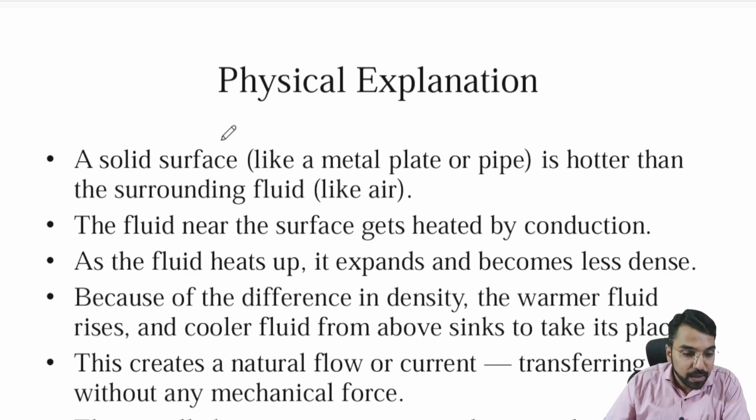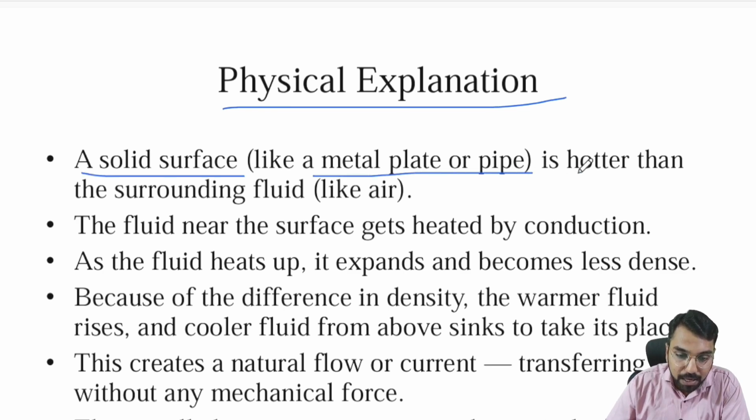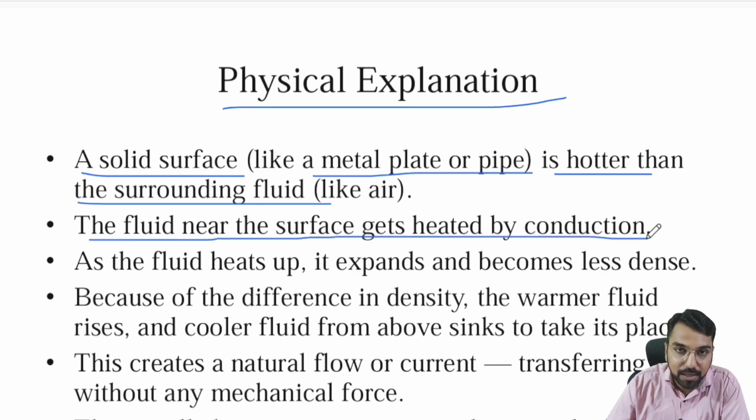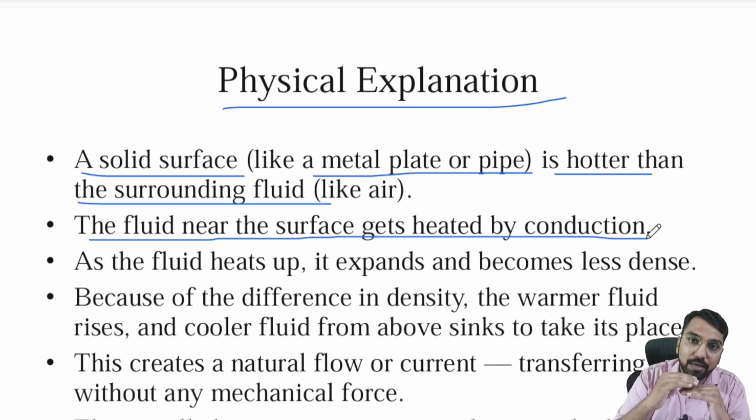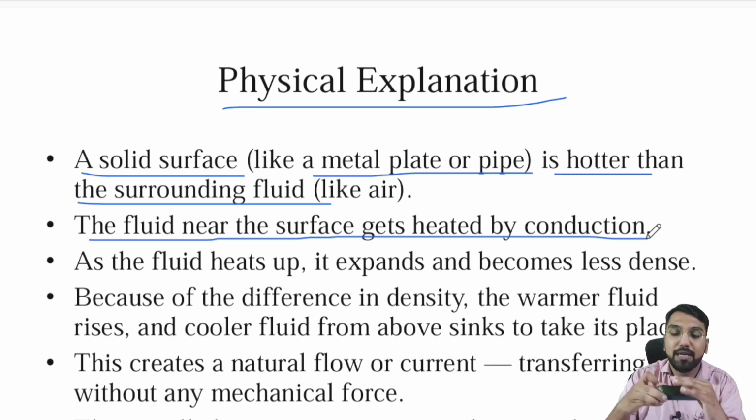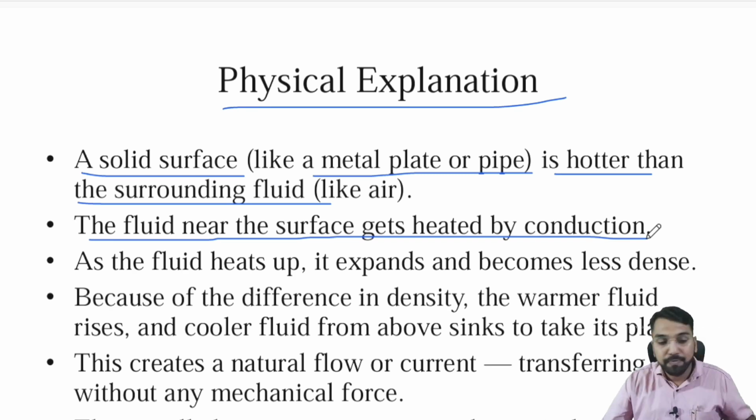Whatever I explained here is just written here. Physical explanation of natural convection: a solid surface like a metal or a pipe is hotter than the surrounding fluid. The fluid near the surface gets heated by conduction. Likewise, say this is a hot plate, this is the first layer and this is the second layer; between the first layer and second layer the heat transfer takes place by the conduction phenomenon.